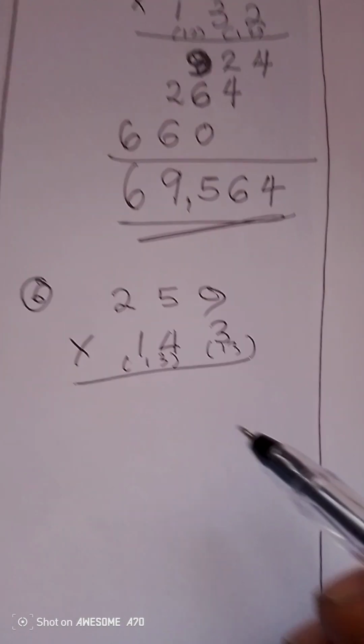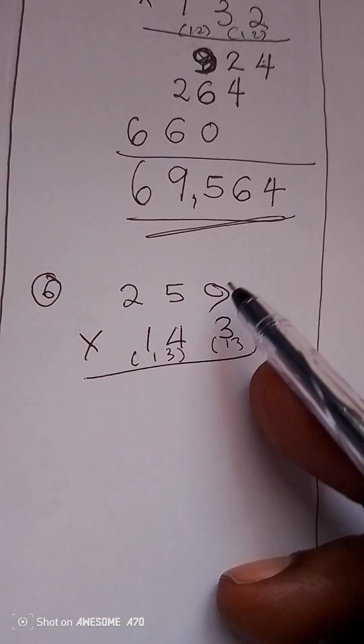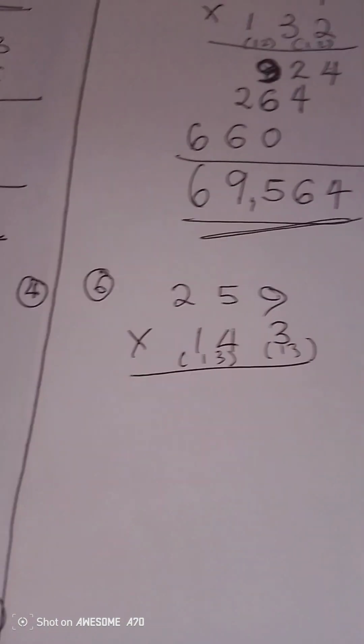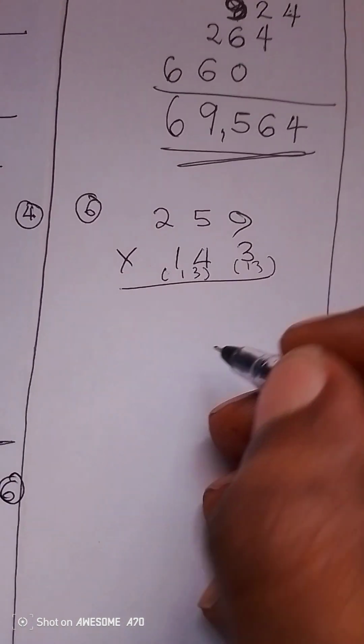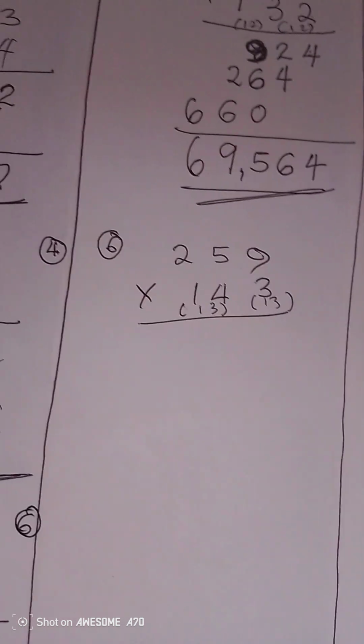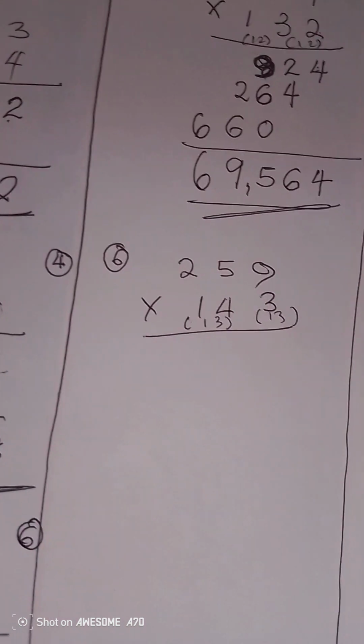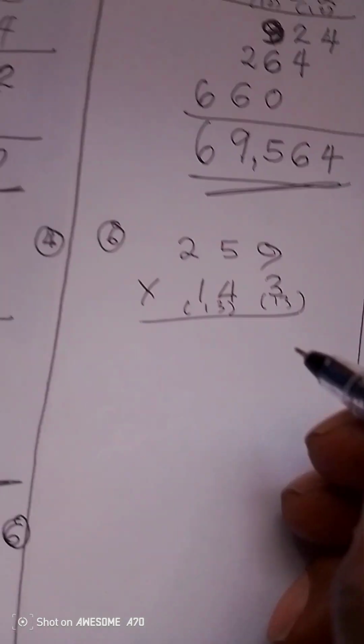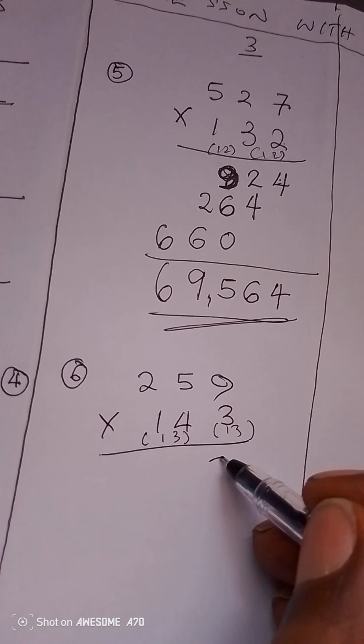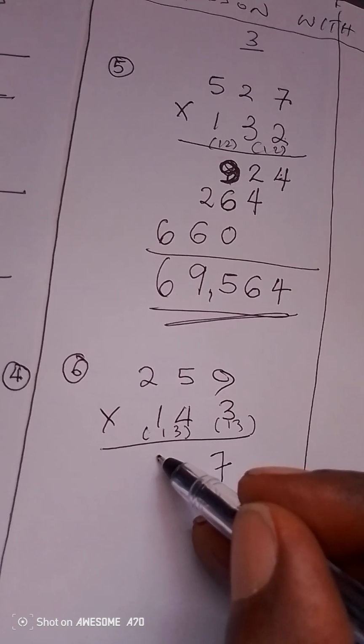So let's now go. 13 multiplied by 9. Though it's getting a little bit technical, if you know your 13 multiplication table, it gives you 117. So as we did earlier, you have your 7, you create a space and put your 11.